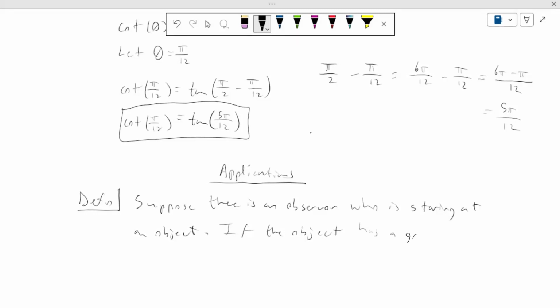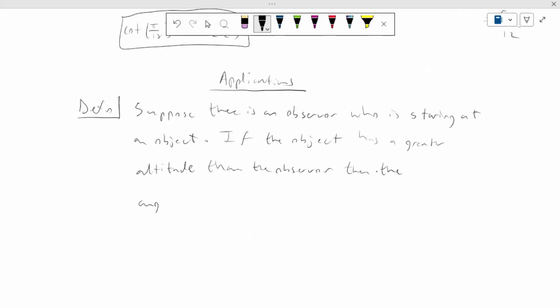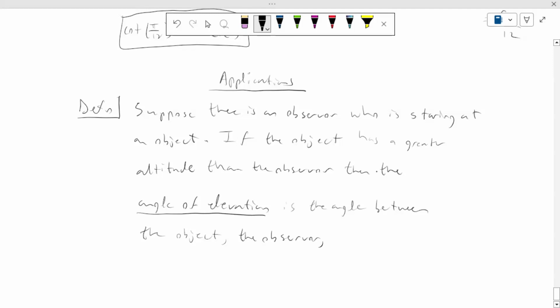So if it has a greater altitude than the observer, then the angle of elevation is the angle between the object, the observer, and the horizontal.